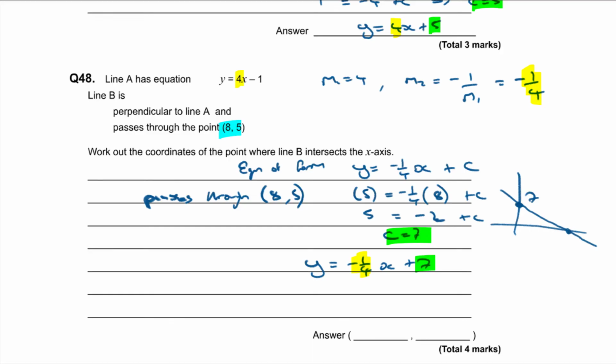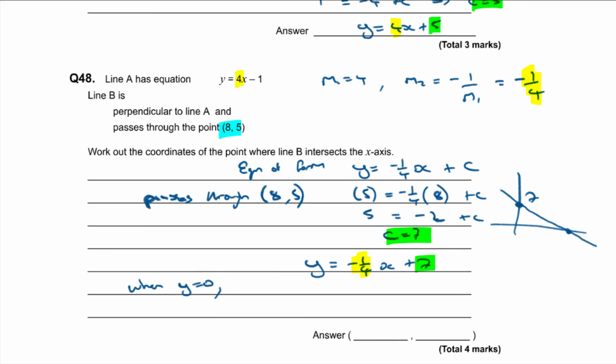Okay. Now the y-intercept occurs when x is equal to 0. The x-intercept occurs when y is equal to 0, because remember the x-axis is the equation y is equal to 0. Okay, so if I want to know where this line passes through the x-axis, I want to know the value of x when y is equal to 0.